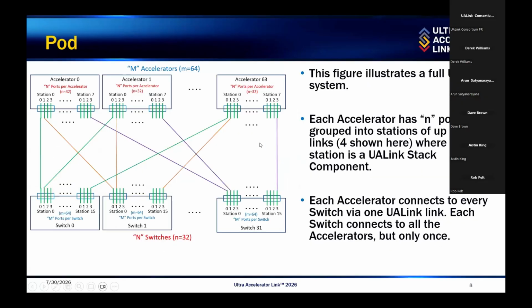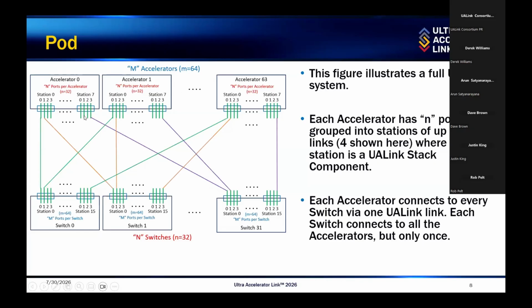This figure illustrates a full UALink system. We'll have accelerators, in this example, 64. And in this case, we have 32 ports per accelerator. The ports are grouped into a station. A station corresponds to a UALink stack component. The number of stations and ports you have does not have to match the number of accelerators.